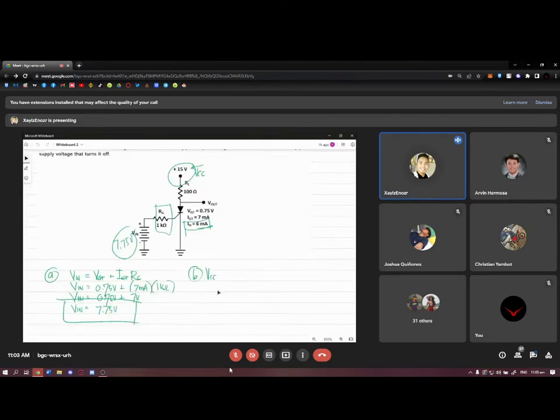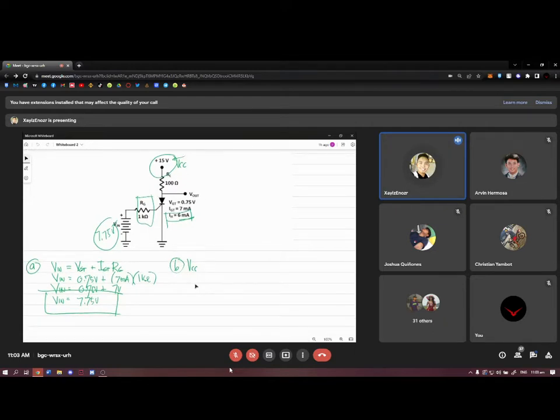And then, so VCC is equal to 0.7 plus IH RL. So VCC therefore is 0.7 volts plus IH, that is 6 milliamperes.